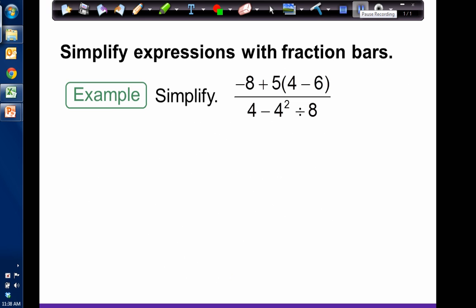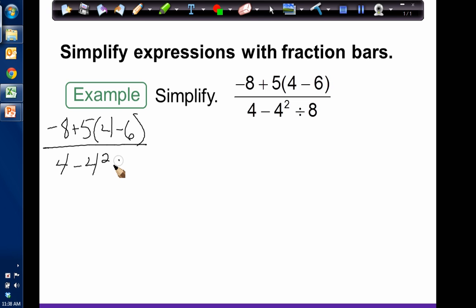Okay, what do we do when we have a numerator and a denominator? We're going to simplify each one separately, and we're going to put them back together. Or we can simplify them at the same time, just distinguishing between the numerator and denominator. Okay, so I'm going to do them at the same time, but don't let doing them at the same time confuse you.